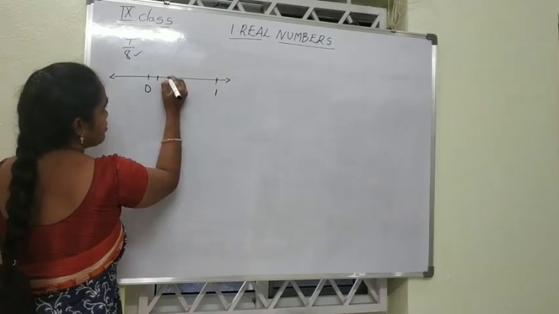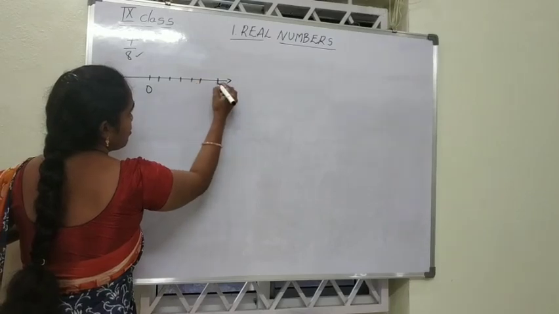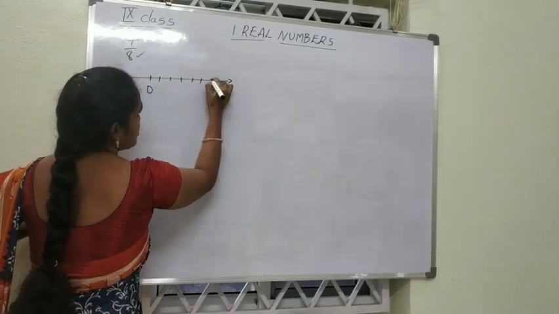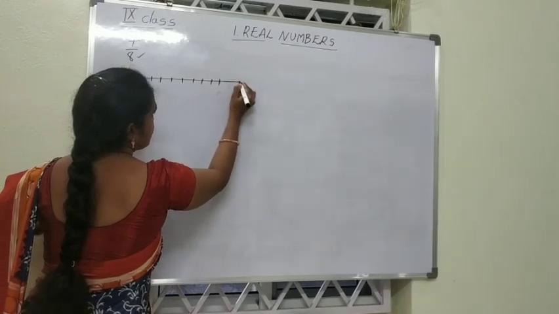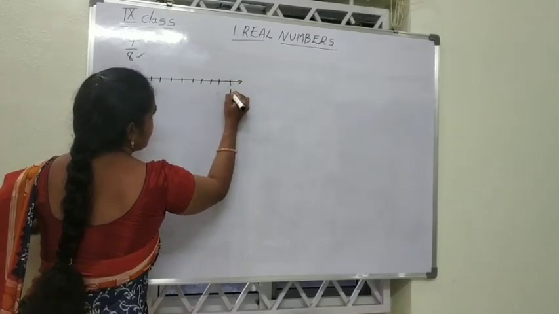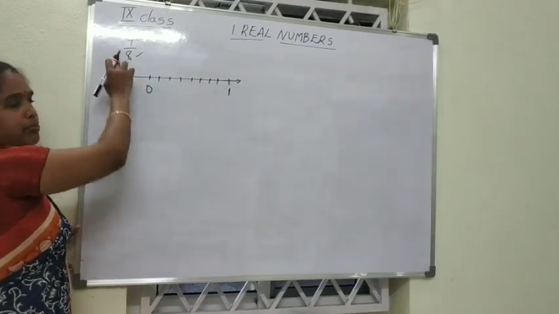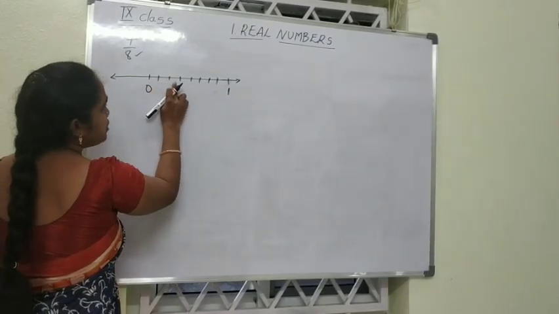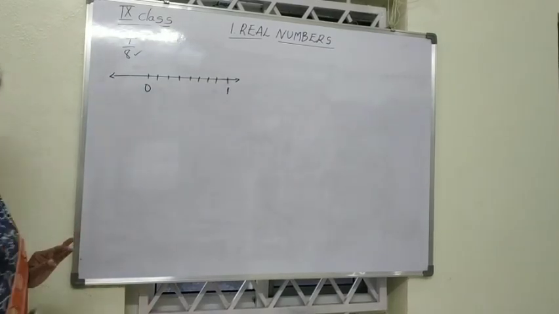So 1, 2, 3, 4, 5, 6, okay. Once you count, did you get 8 parts or not? 1, 2, 3, 4, 5, 6, 7, 8. Yes, 8 parts we got.